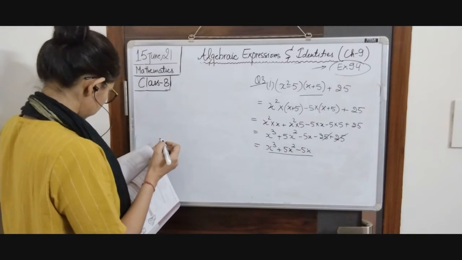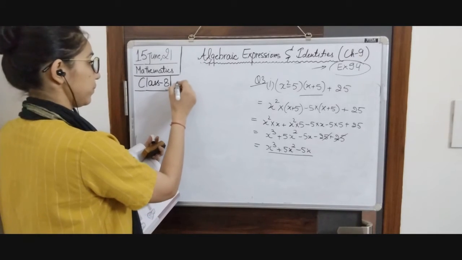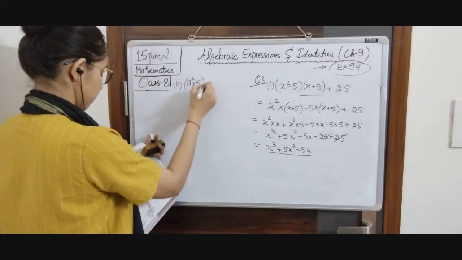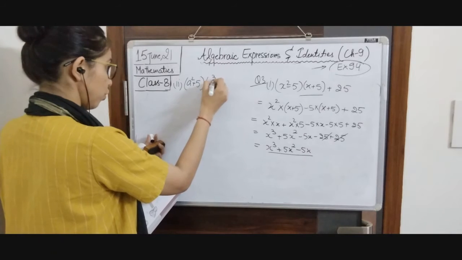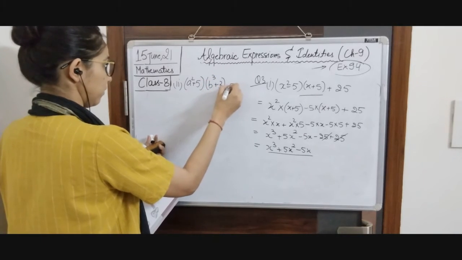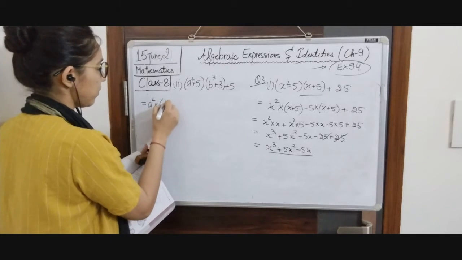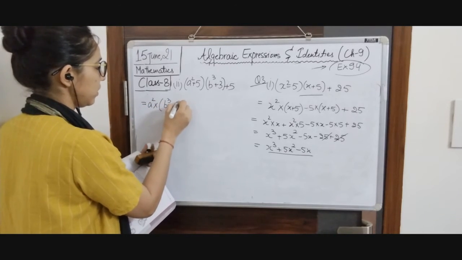Now the second one is (a square plus 5)(b cube plus 3) plus 5. We will multiply a square with the second binomial, that is b cube plus 3.